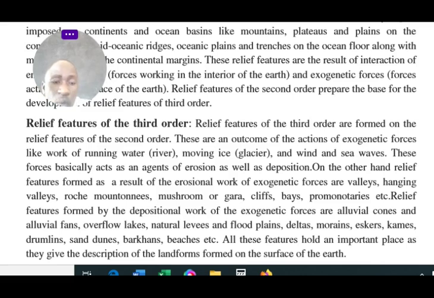But also, putting in mind that when rivers work, we shall be having erosion and also deposition. So that means we are going to have other landforms that may be formed at the end. In terms of alluvial fans, I talk about the overflow lakes, the natural levees, the floodplains plus deltas and the moraines.